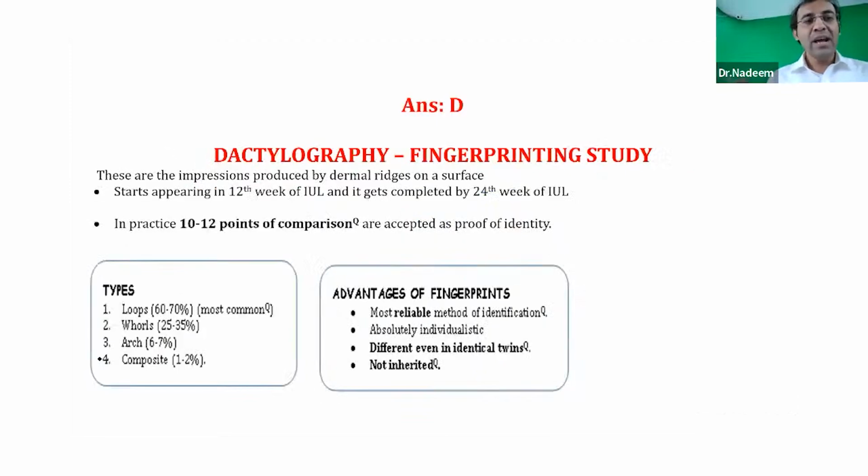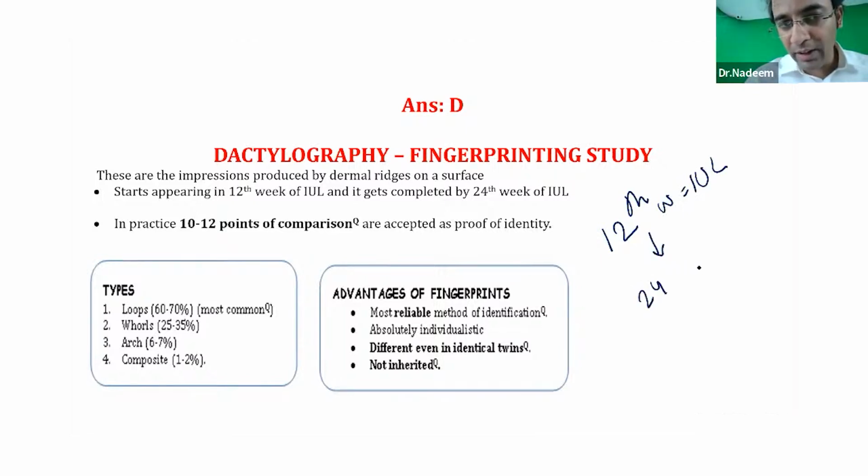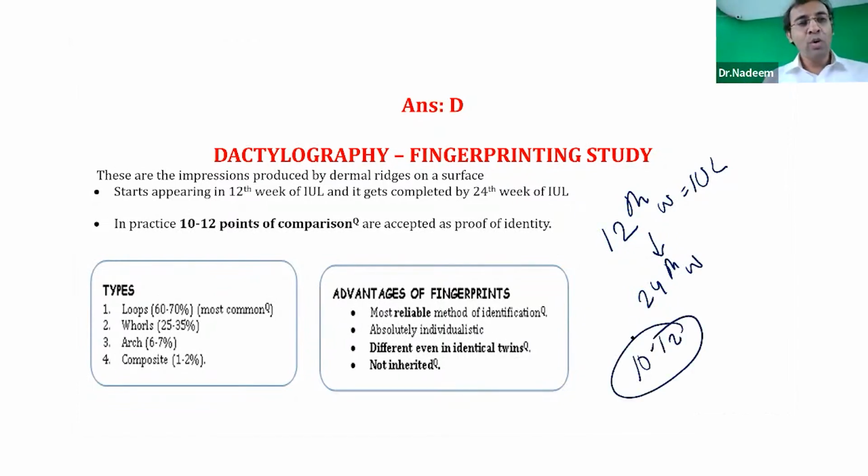Now the question is, fingerprints will start appearing in which month of intrauterine life, or in which week? Fingerprints will start appearing in the 12th week of intrauterine life, and it will be completed by the 24th week. How many points are needed to be compared? 10 to 12 matching. The most common type of fingerprint is what?